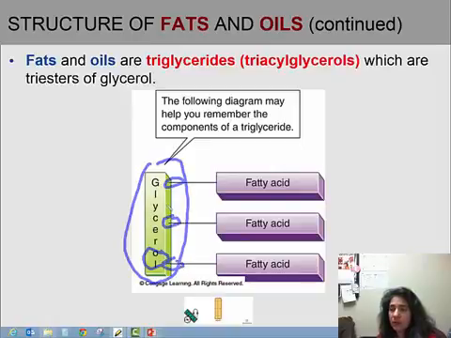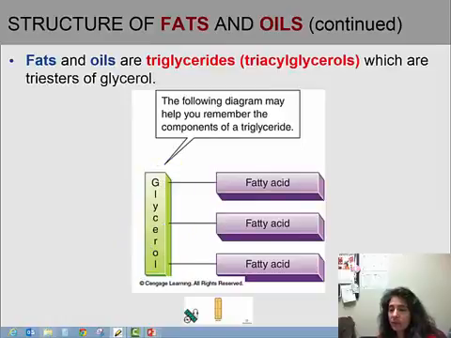But we have a molecule of glycerol, and to it we can hook 3 fatty acids. So just the idea, we can take a very simple diagram and use that to try and help us remember triglycerides, tri for 3, so 3 fatty acids hooked to glycerol. Triacylglycerol may be a little easier to remember with that name, since the word glycerol is just directly in there with the tri.